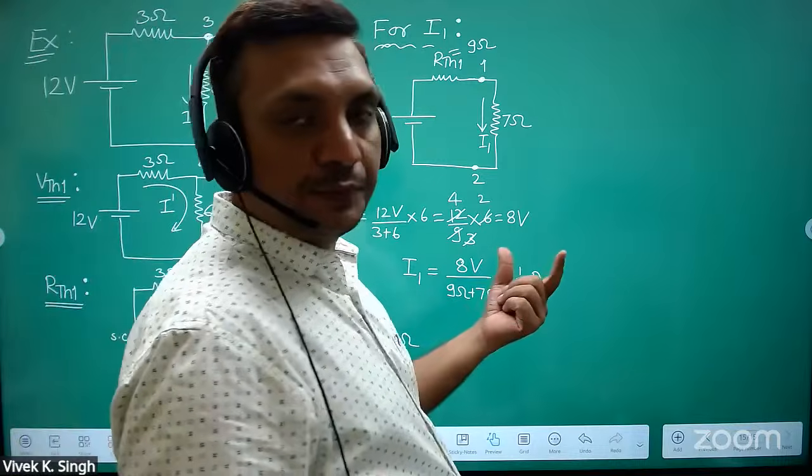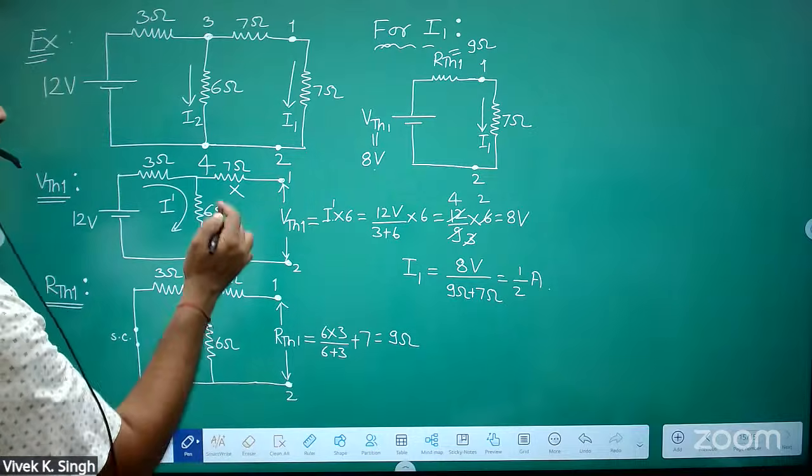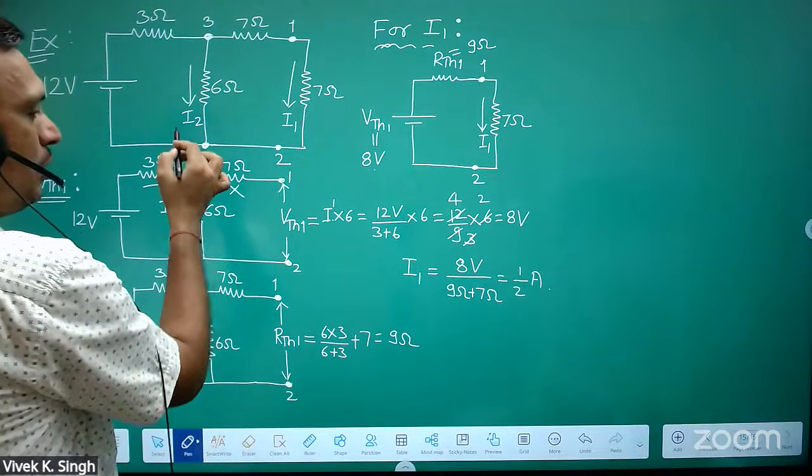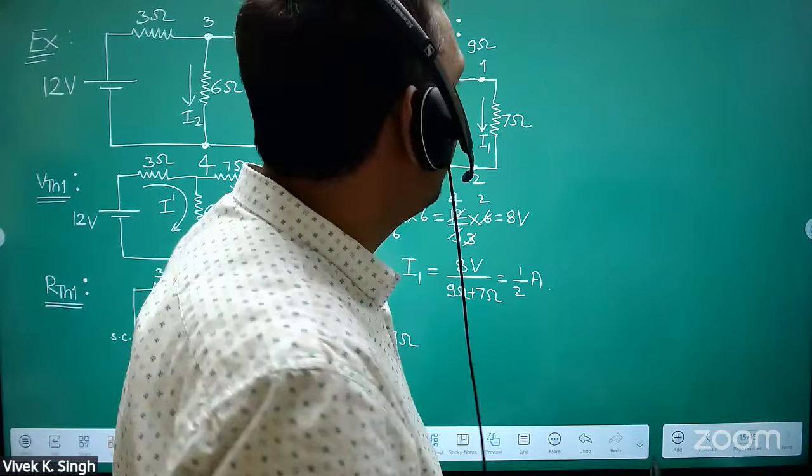So we have calculated current I1 using Thevenin's theorem. Now let's see, you have to find I2. So we have to write Thevenin's equivalent for I2.